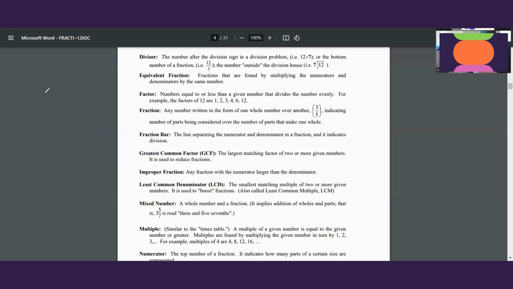But why did the numerator turn into 4? The numerator turned into 4 because whenever you multiply the denominator by any number, you do the same with the numerator. If you multiply this by some number, you multiply this as well. If you do not do it, the fraction will change and your answer would be wrong.